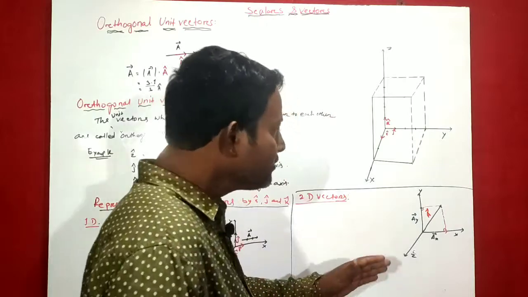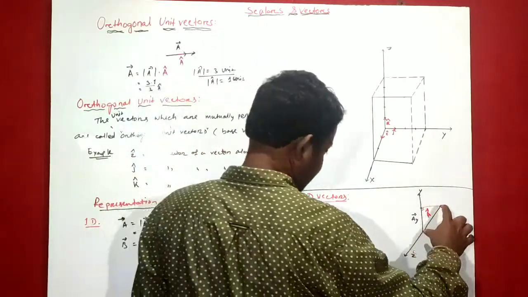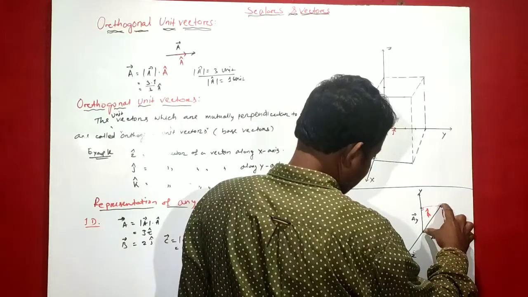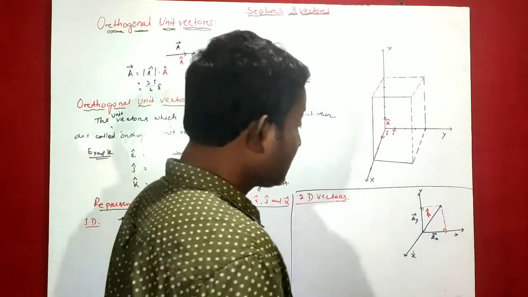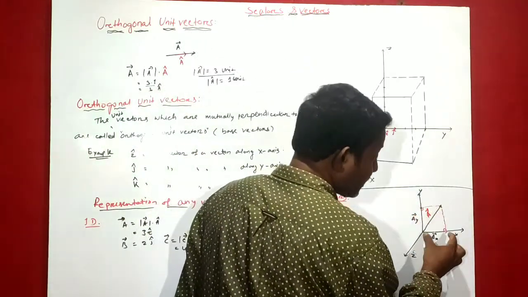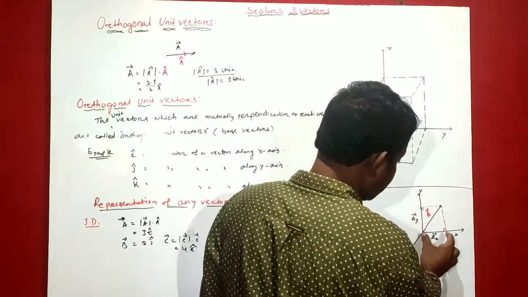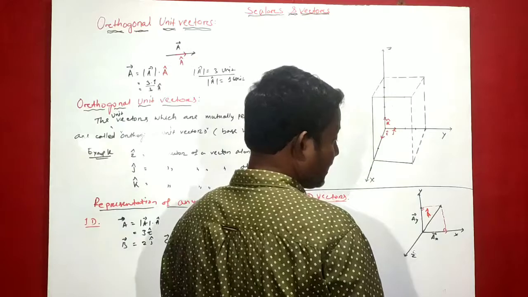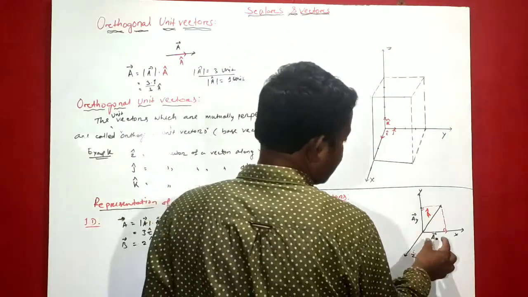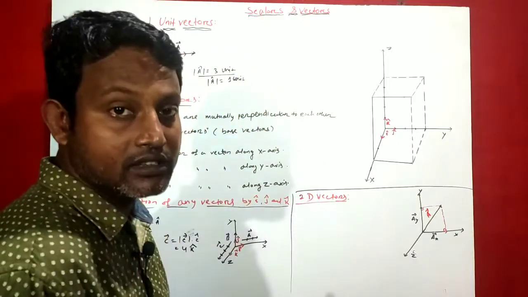If we use the triangle law of vector addition, then we get the resultant A is the composition of Ax and Ay vector.